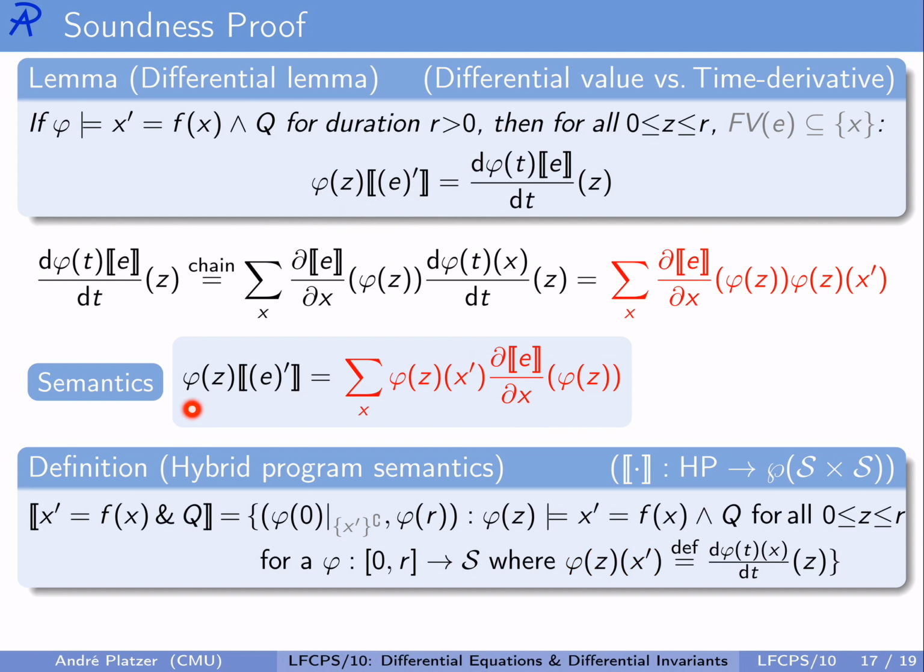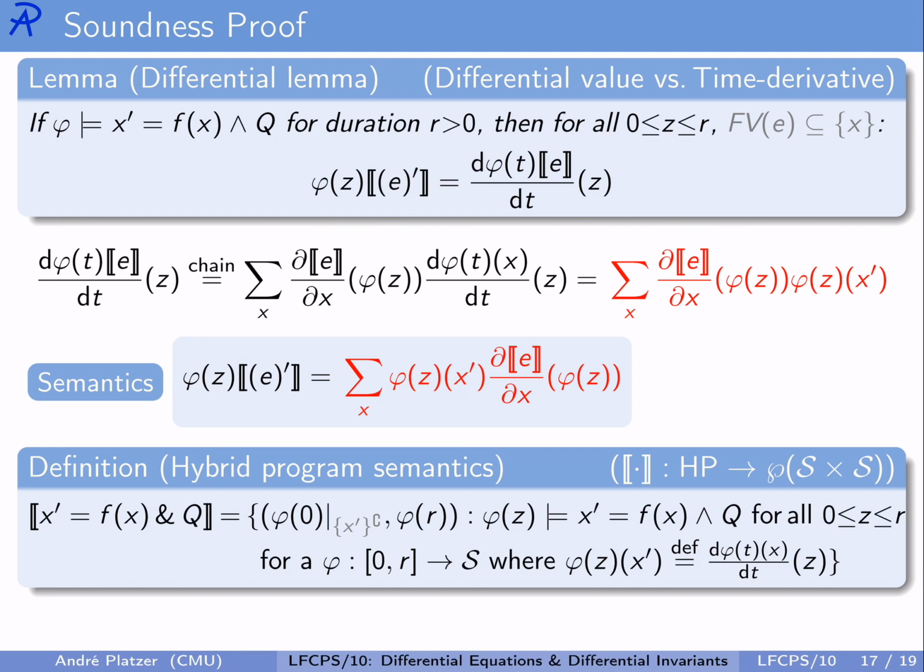In that case, it means the semantics of a state at time z of a solution of a differential equation of an arbitrary differential term e prime is the sum over all partial derivatives of the value of e at the state, which now has a different name. It's now the state that happens to be the state at time z that the solution has, multiplied with still the state at time z that the solution has, but now of the co-state, the x prime variables.